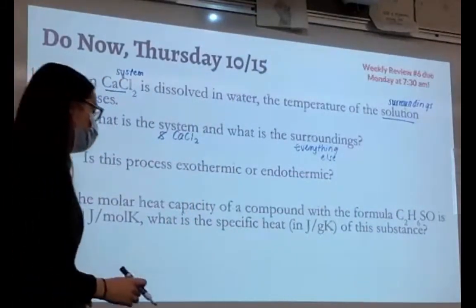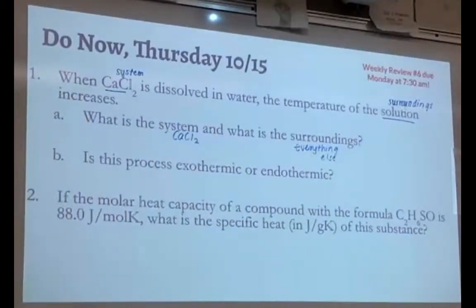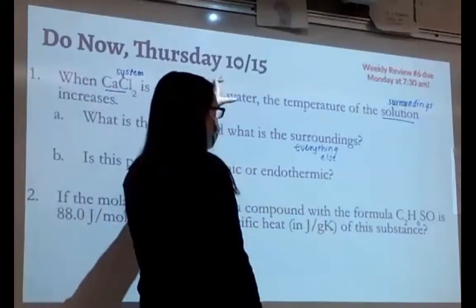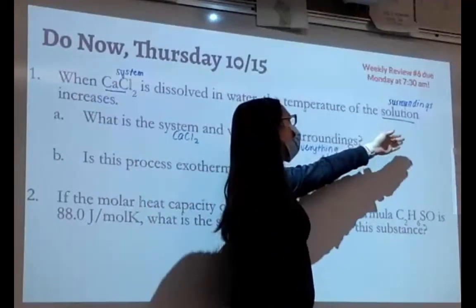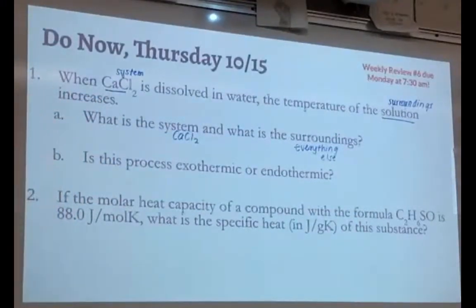But the system is CaCl2. So when it's asking about being exothermic or endothermic, remember that that is based on the system. So we need to ask ourselves, what does the system have to do in order for the surroundings to increase in terms of temperature?